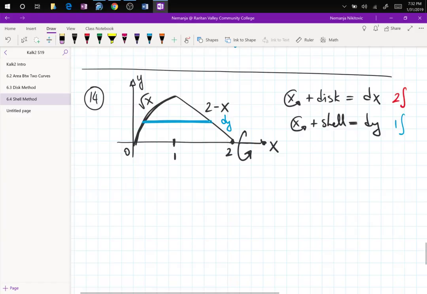One thing that you are not allowed to do is to change your rotation. You are not allowed to take your arrow from rotating around x and put it on y, because that way you're just going to have one integral on the disk method.